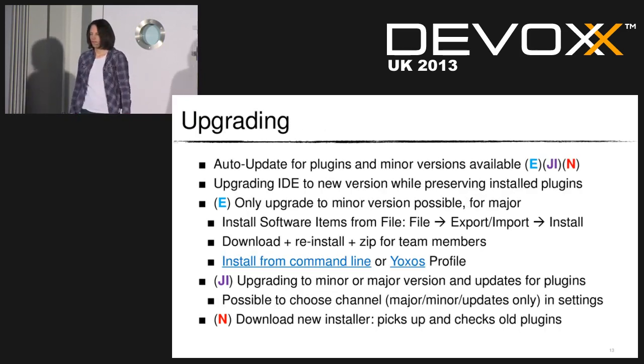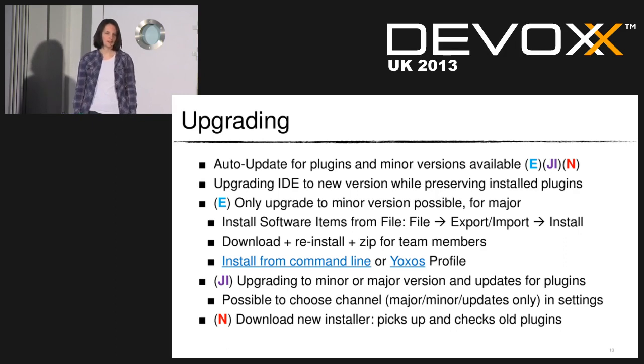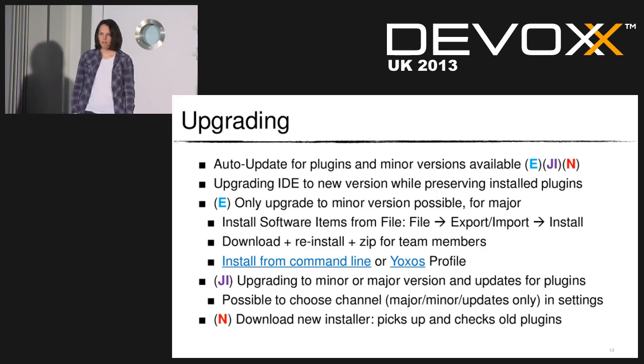If you have several plugins installed in your IDE, you might have a problem upgrading to a new version of your IDE because you want to preserve all the installed plugins. For Eclipse, you can only upgrade to minor versions from the IDE itself.